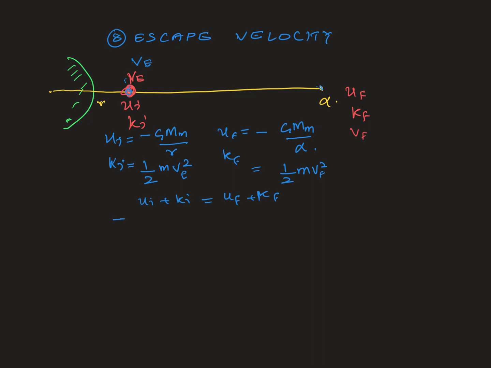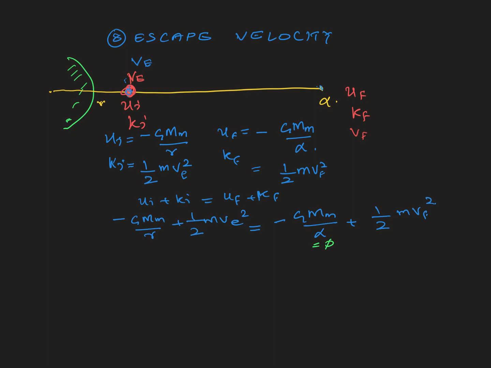So for Ui, minus GMm over r plus half m ve squared, where ve is the escape velocity, is equal to Uf, which is minus GMm over infinity, plus Kf, which is half m vf squared. What we know about infinity is that when you divide a number by infinity, it's going to be 0.